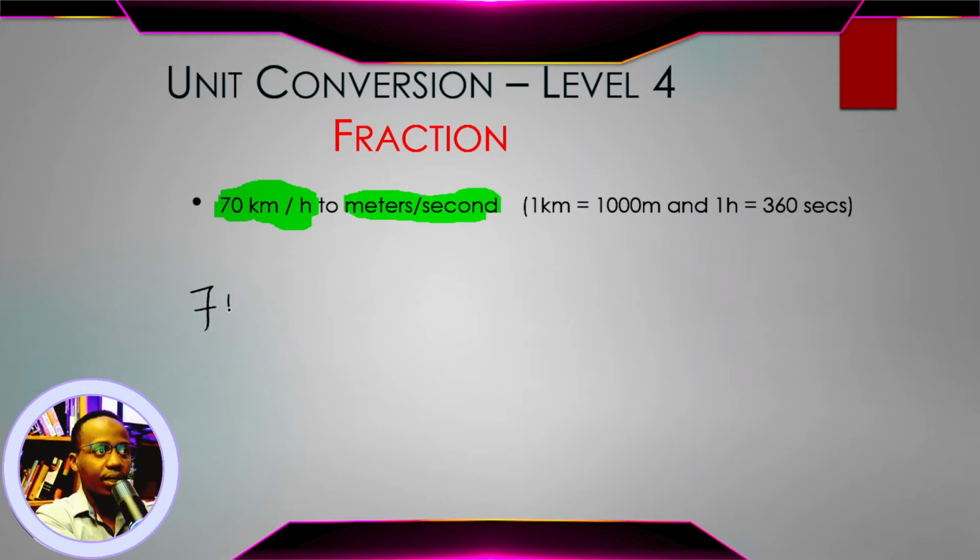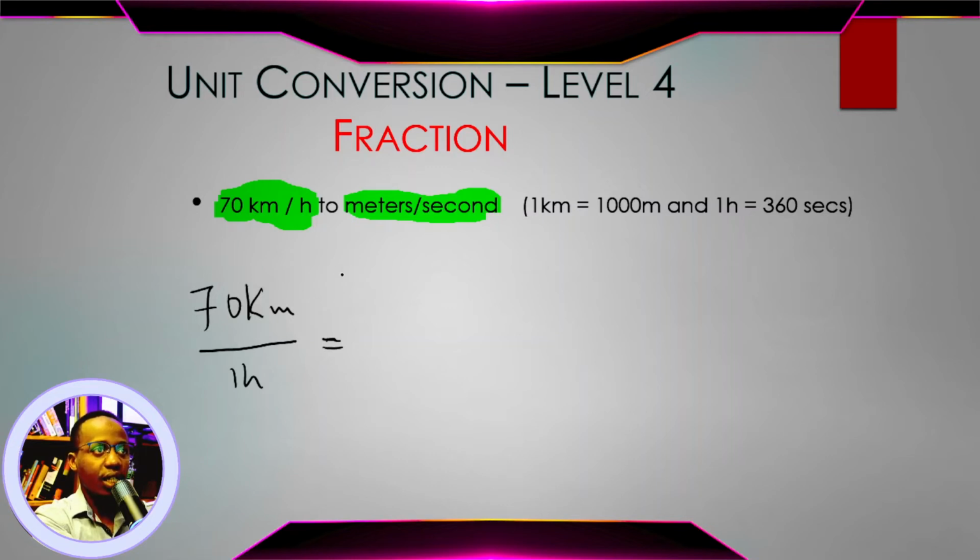So look, 70 kilometers per hour, you write it down as 70 kilometers over 1 hour. You're going to convert the top by itself and the bottom by itself.